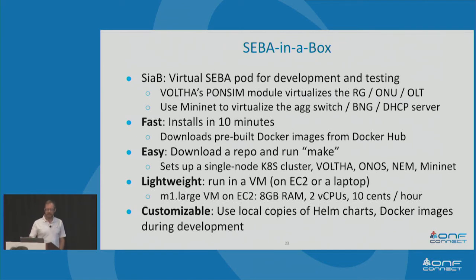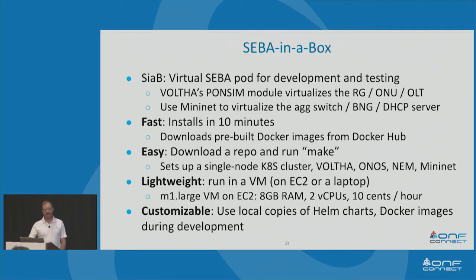It's easy to set up SEBA-in-a-Box. So the fast path is to download a repository from GitHub and run a make command, and it'll set up all of the layers for you, Docker, Kubernetes, and then on top of that deploy VOLTHA and ONOS and NEM and all the components of SEBA.